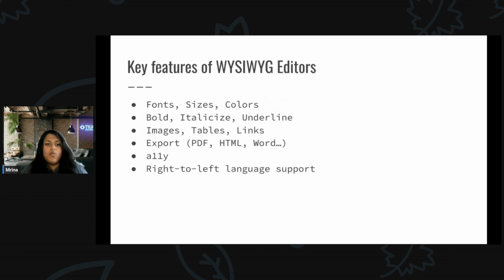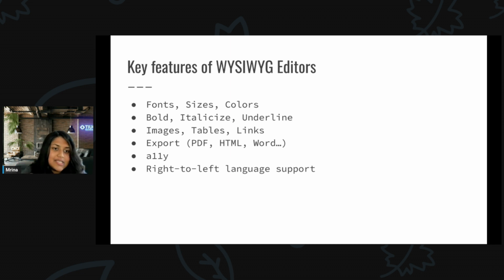So when you think of a WYSIWYG editor, what we simplify it down to almost is, it has some fonts, some sizes, some colors. It can do bold, italicized, underline. We can insert some images. We can do tables if it's a little more advanced.